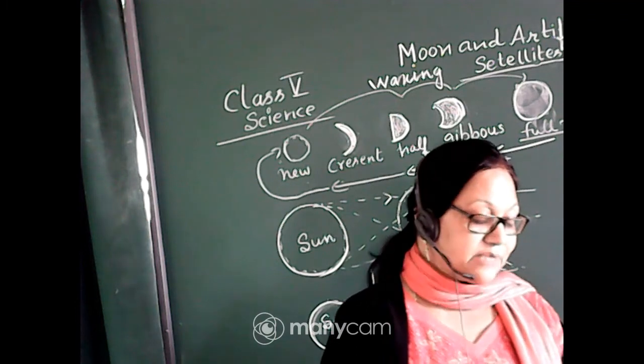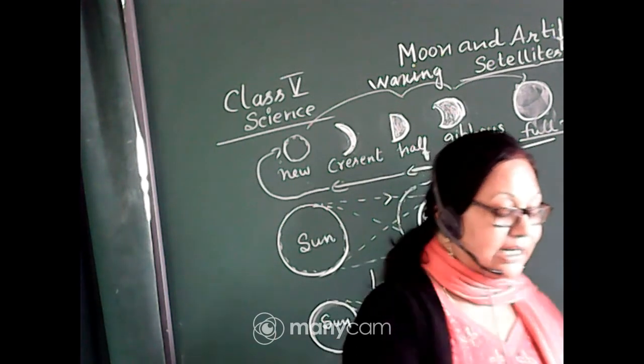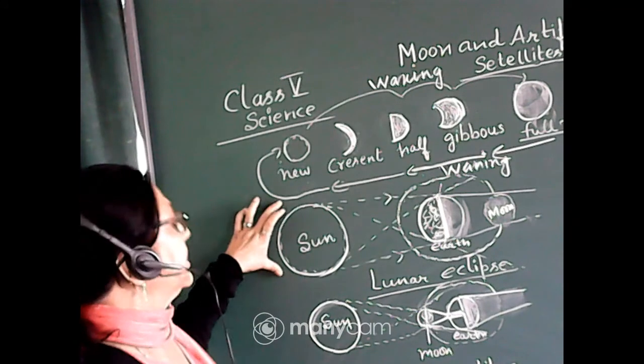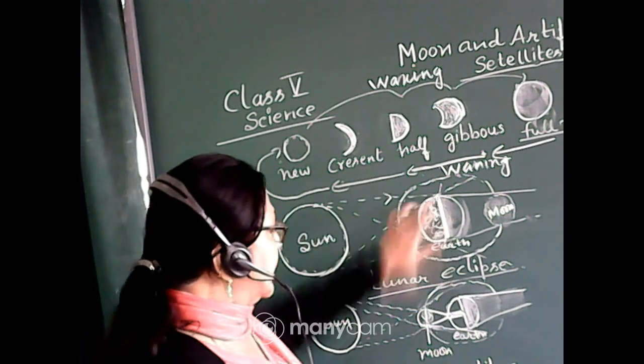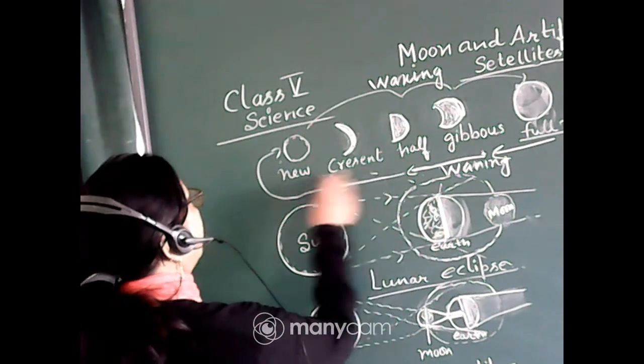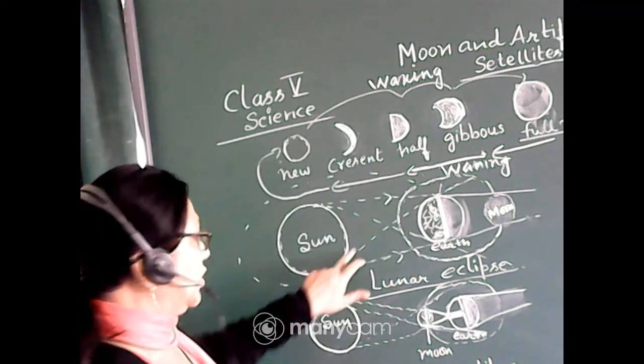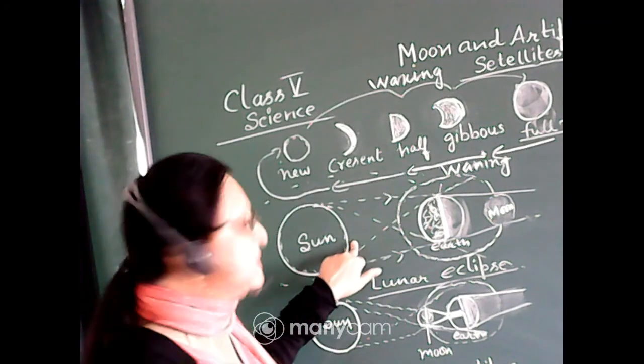Okay, next we will understand the eclipses from the diagram. If this is the sun, then the earth is rotating around it on its own orbit.